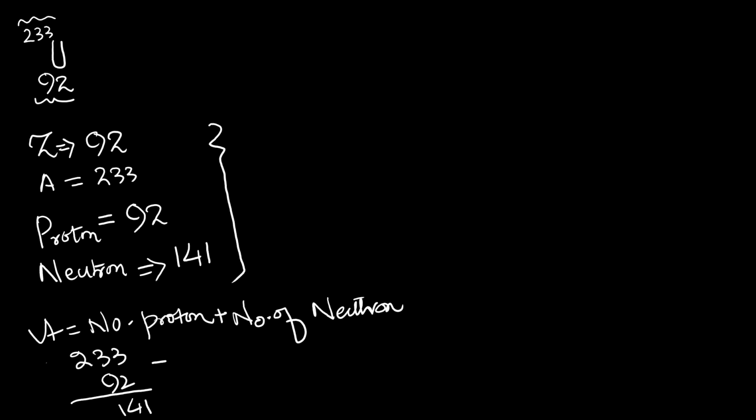So now, student, when this uranium-233 is converted into a daughter nucleus, it releases an alpha particle. As you know, an alpha particle is 2 protons and 2 neutrons.